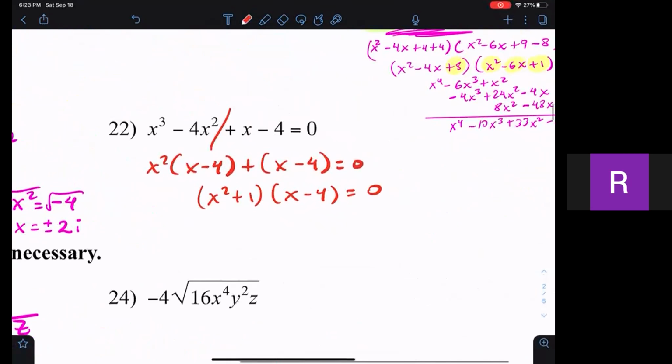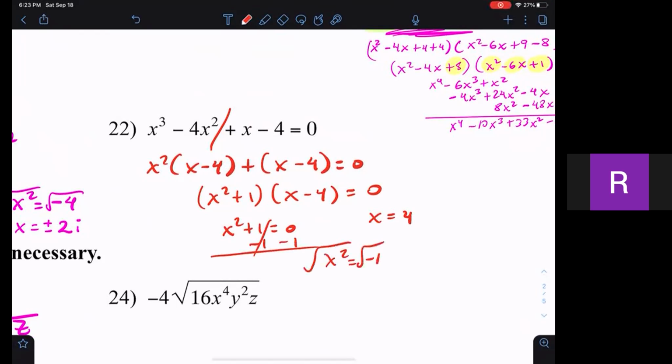Oh, they want us to solve. Okay, so that's easier. So x squared plus 1 equals 0, x equals 4. So minus 1 on both sides. So x squared equals -1. Take the square root. You know that square root of -1 is plus or minus i. And you're done. You're supposed to have 3 solutions, right? So that's it. Done.